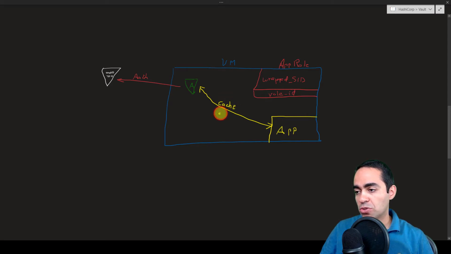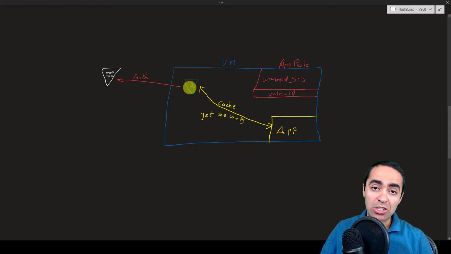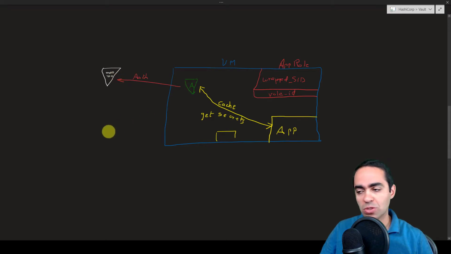Obviously, you also want to deliver secrets. So you can do two things. You can have the Vault agent drop the secrets somewhere in the file system here, and then the app can retrieve those secrets from here. But as well, you can talk to the Vault server straight through the Vault agent without talking externally to the Vault server. So that's all good.